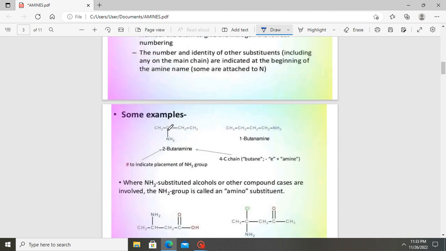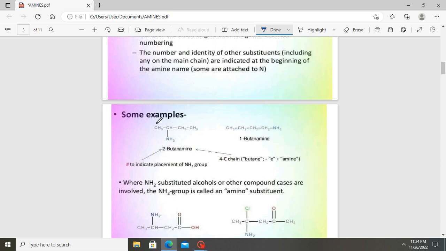So here, if it was the common nomenclature system, we can make it sec-butylamine. That's the common way. But if we apply the IUPAC nomenclature system, the position of the amino group is indicated with the 2. So here, this is the parent chain.